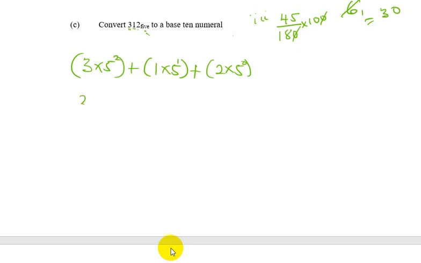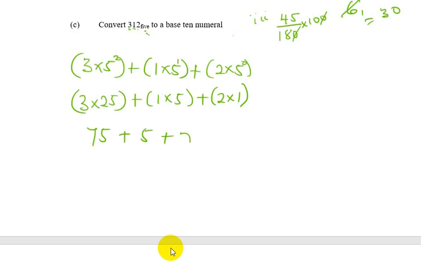So we are going to get 3 times 5 squared, which is 25, plus 1 times 5 raised to the power 1, which is 5, plus 2 times 5 raised to the power 0, which is 1. So we are going to get 3 times 25 is 75, plus 5, plus 2.